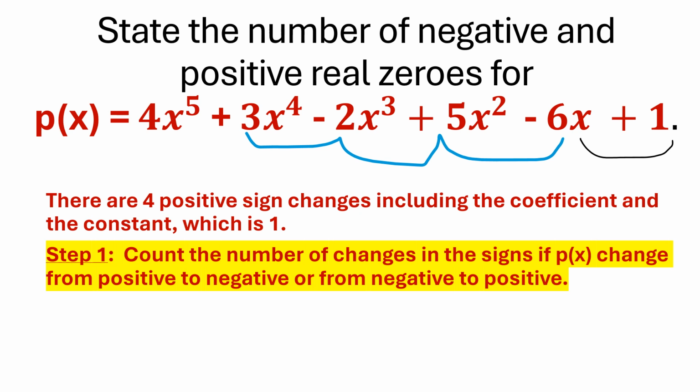All right, so let's try to understand the concept behind the number of negative and positive real zeros. In the first place, when you're doing polynomials, there's a man named Rene Descartes, the Frenchman, and he was a mathematician and a scientist.